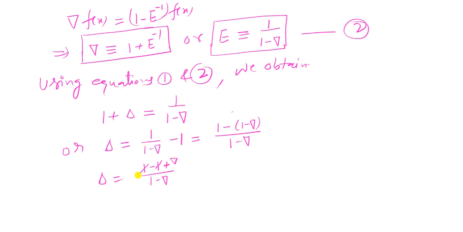So minus 1 plus 1 is cancelled, or forward difference operator del is equal to del upon 1 minus del. So this is a relation between the forward difference operator and backward difference operator.